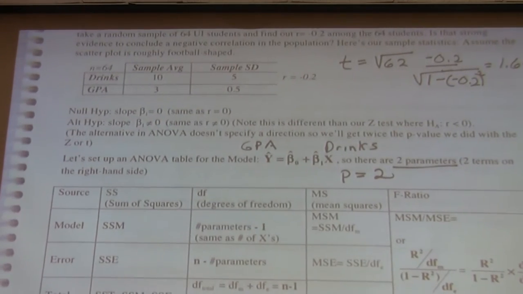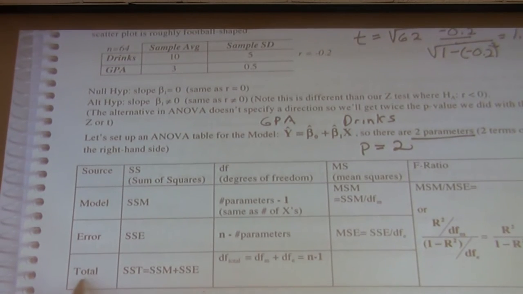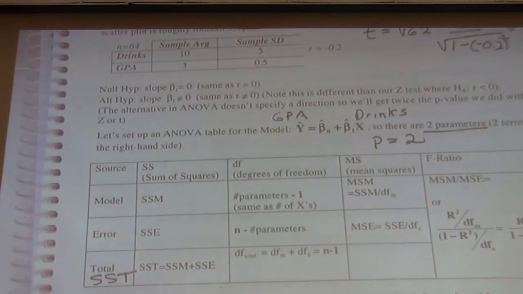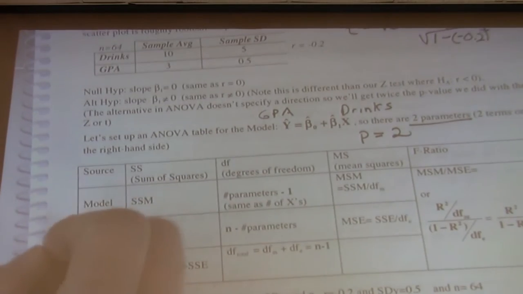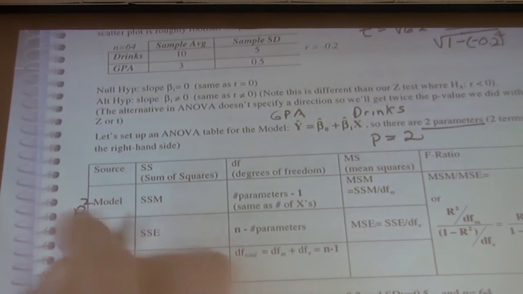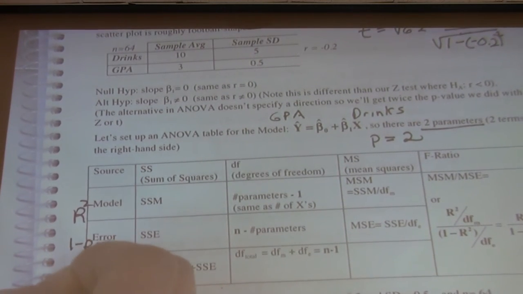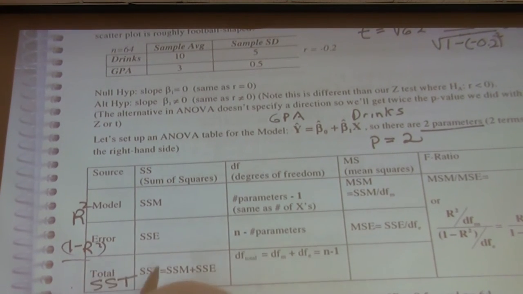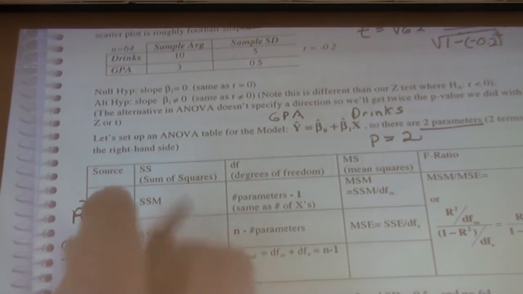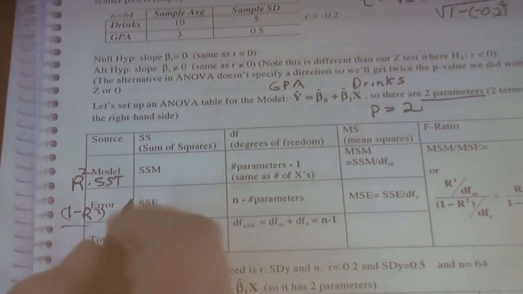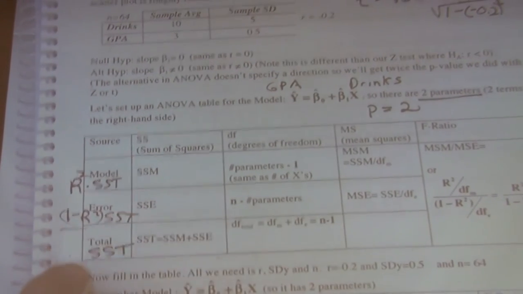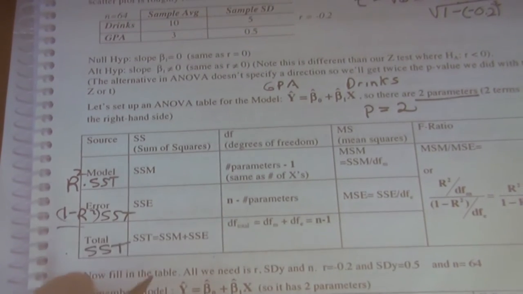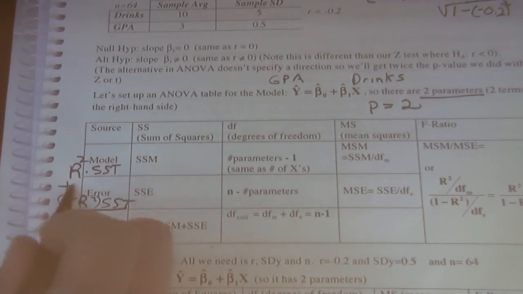Okay, so now let's look at this again. This is our sum of squares total, right down here. Here we said that r squared and 1 minus r squared have to add up to 1. And r squared times SST is the sum of squares model, and this plus that totals SST.